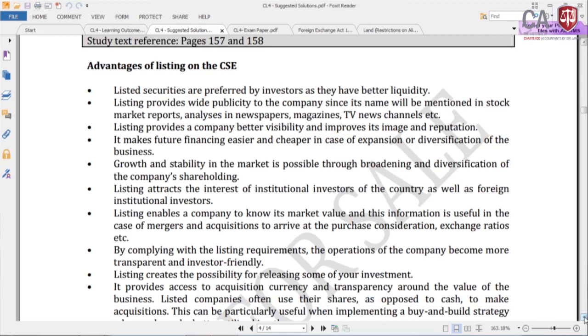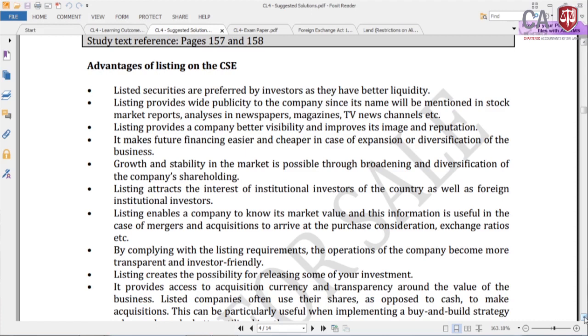Listing provides wide publicity to the company since its name will be mentioned in stock market reports, analysis in newspapers, magazines, TV channels, etc. Listing provides a company better visibility and improves its image and reputation. It makes future financing easier and cheaper in case of expansion or diversification of business.